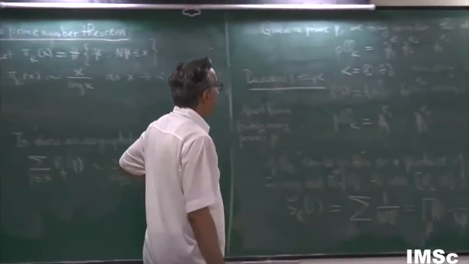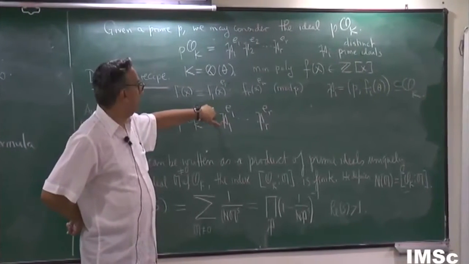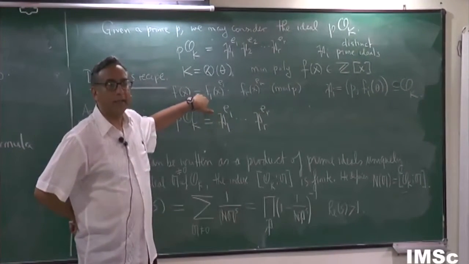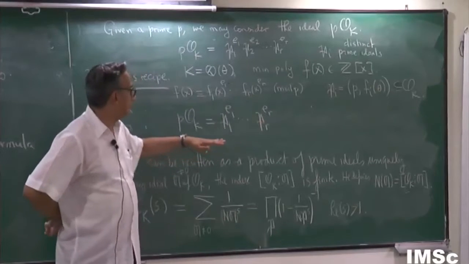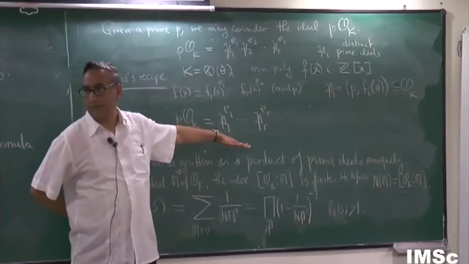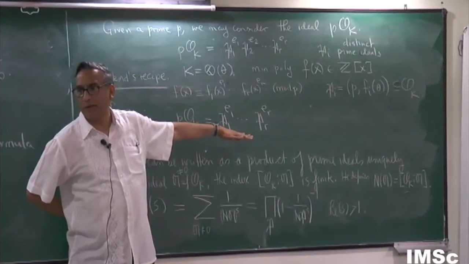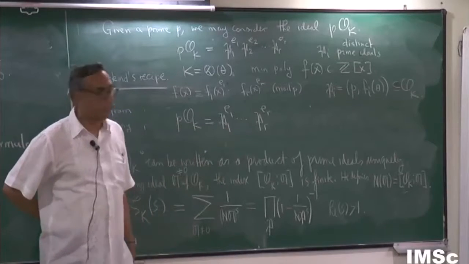If we throw those finitely many primes away, there's a one-to-one correspondence between the factorization of f(x) mod p and the factorization of the ideal generated by p in that field. That's an amazing theorem. Very impressive, very, very impressive theorem.